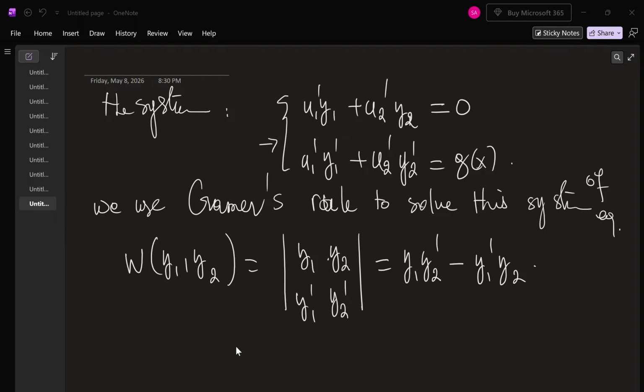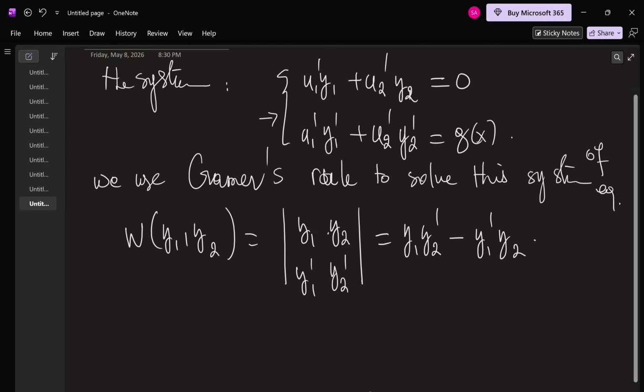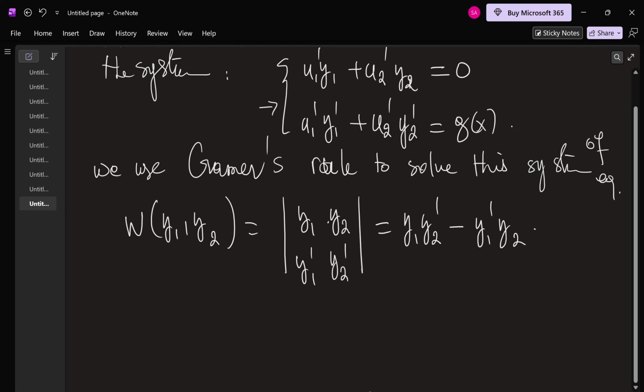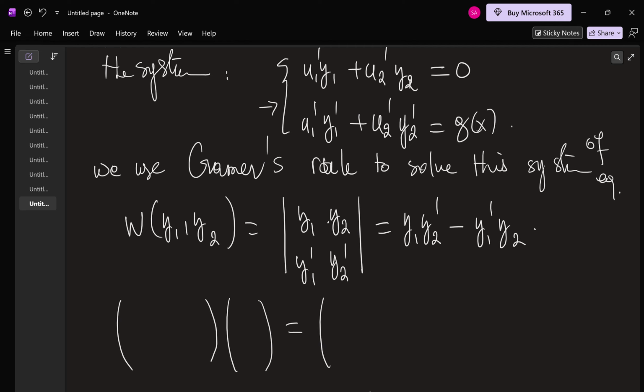Someone answer, please. Yes. So let's write the system using matrices. So this system will be something like this, times, equals. We have here the vector 0 and here we have g of x. And the unknown functions are u1 prime here and u2 prime here.